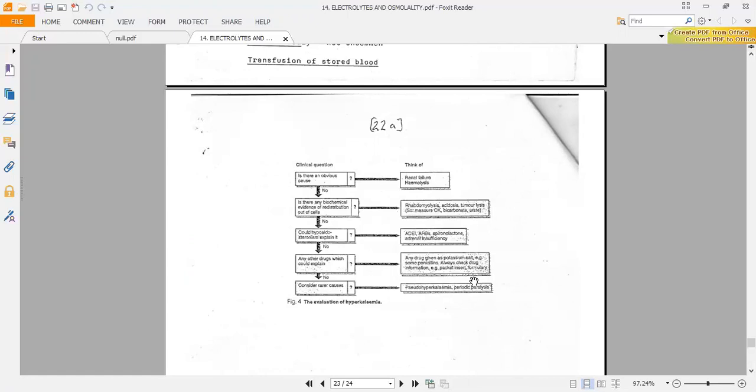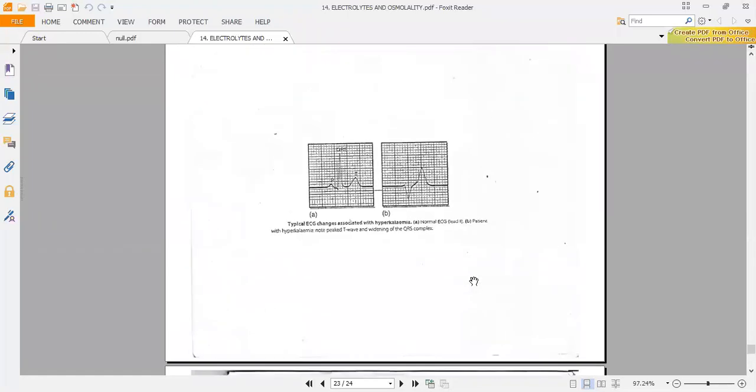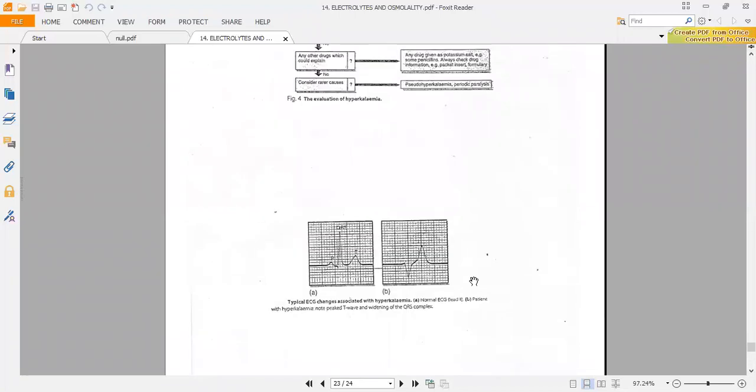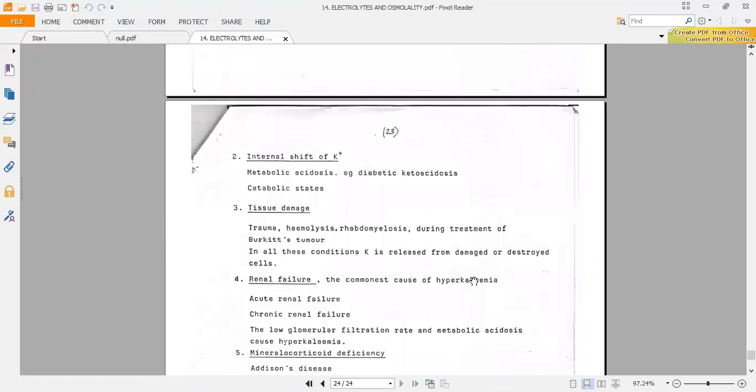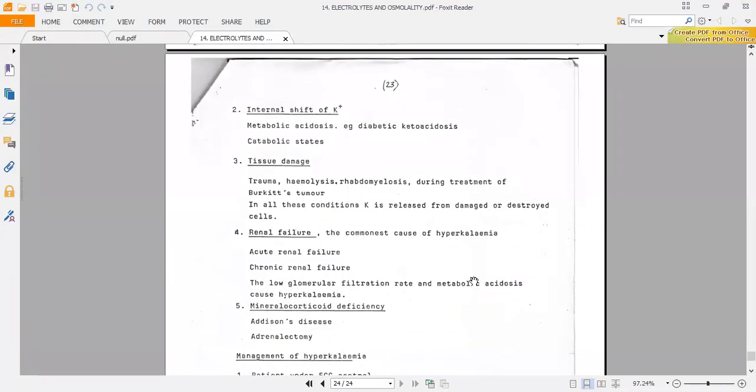Okay, this is a condition which is feared. So if you have tumors, during treatment of tumors, you cause this kind of reaction, and one effect is hyperkalemia.